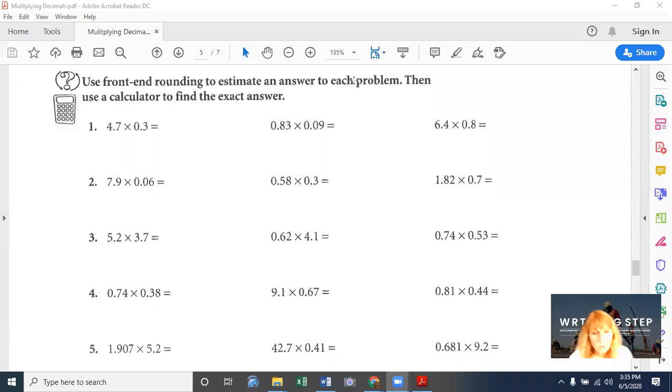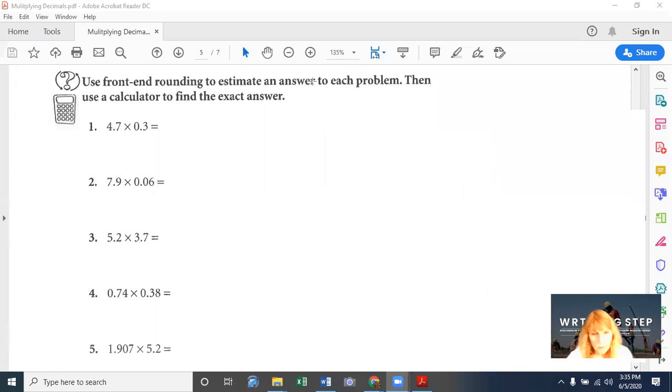So let's put a little white space. So 4.7 times 0.3, and we're going to times it together. Okay, so first we're going to estimate.